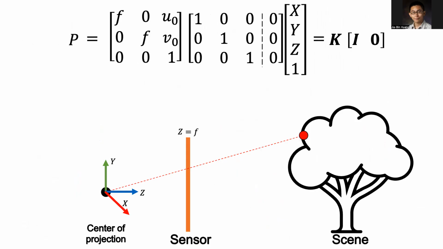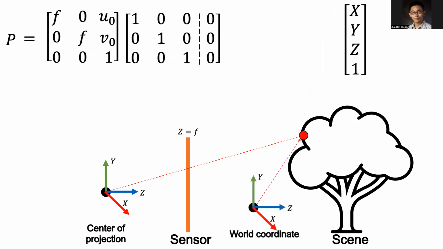So usually you have something called a world coordinate that describes this XYZ, right? The world coordinate can be anywhere, this point, that point, and so on. But once you set up an origin of the world and some orientation of the world, any point in XYZ is expressed with respect to this world coordinate.